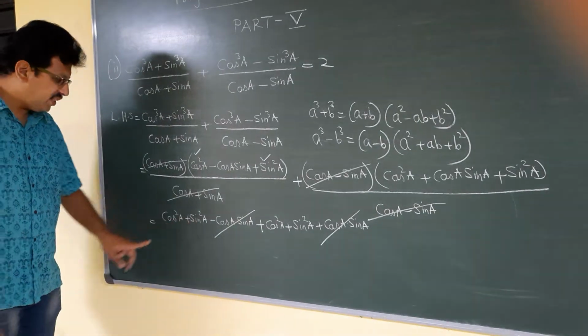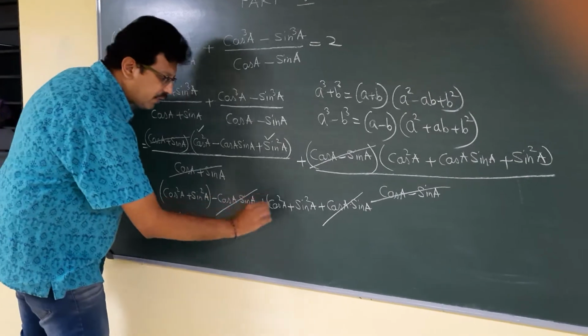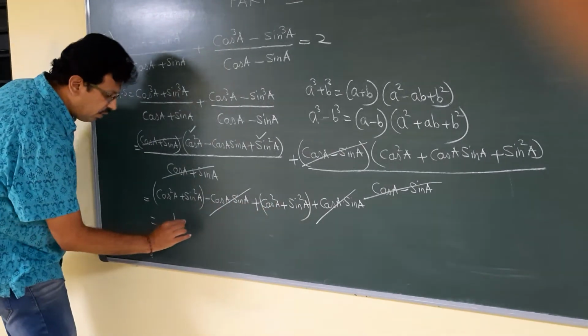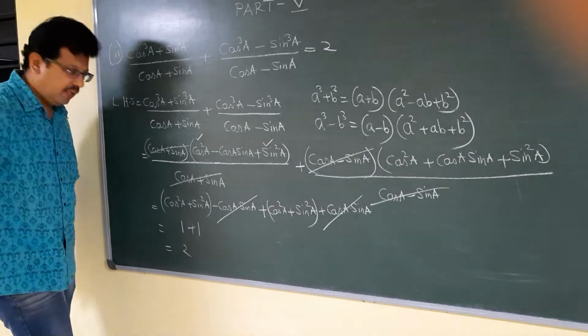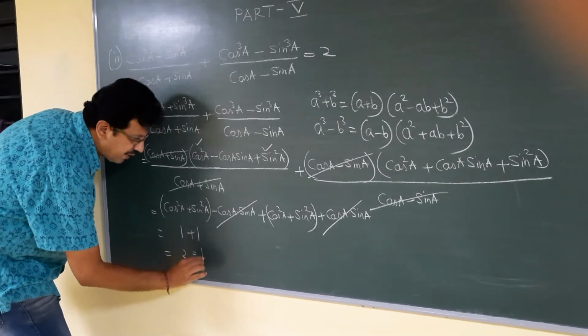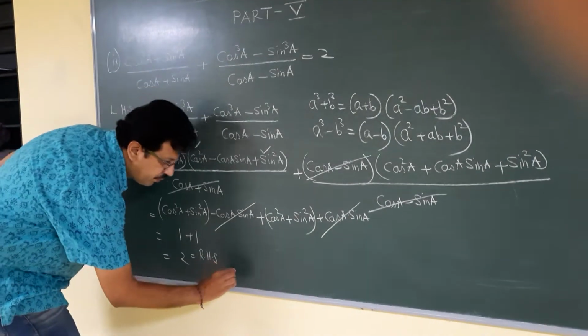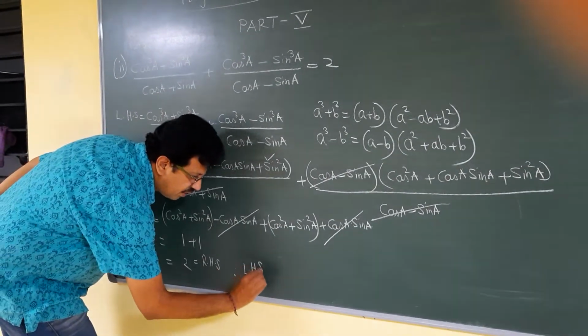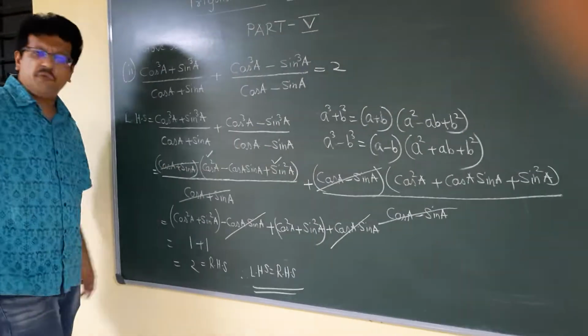And cos square A plus sin square A is 1, and cos square A plus sin square A is also 1. So 1 plus 1 is 2. That is nothing but equal to RHS. So therefore LHS equals RHS. So this is how we need to prove.